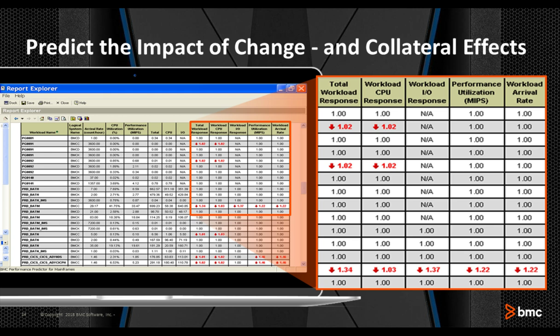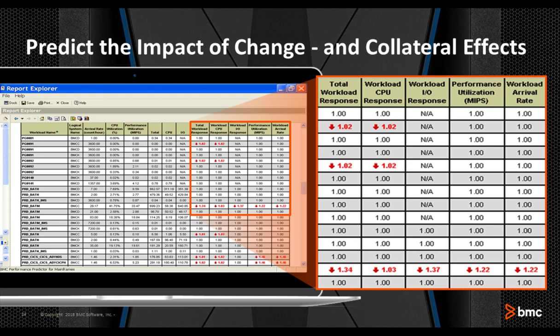But what happened is another workload down here at the bottom saw a 34% degradation. Now it's a batch workload. The business then has to decide, can we accept that, or do we have to make some changes to improve the service that we're delivering there? The first thought generally goes to, well, we need to add some more processing capacity so the batch work can get done.